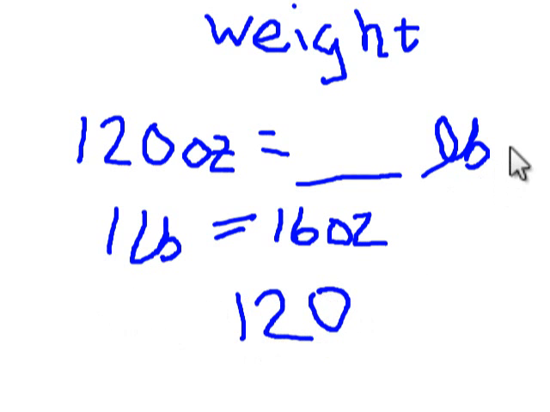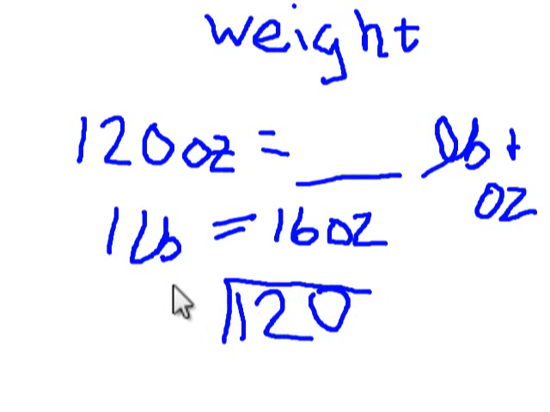Actually, we're going to change this into pounds and ounces this time, not just pounds, because I didn't do one like that in the length, and this will give you an idea of what to do if I want pounds and ounces. Right now this is 120 ounces. I'm going to divide it by 16 ounces. When I divide this out, 16 goes into 120 7 times. 7 times 16 is 112.